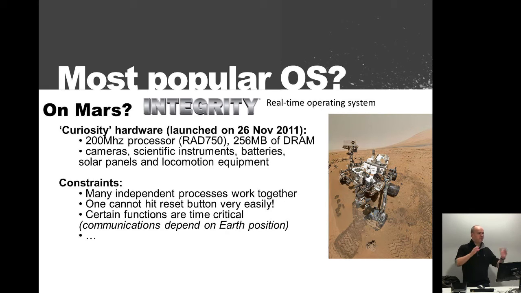You need to be on the right side of Mars when the Earth is at the right part. So communication is a bit complicated, and you need to make sure that if you have a window of a couple of minutes for exchanging data, your system is ready during those couple of minutes. Okay? So you have constraints that you rarely find on other computer systems.